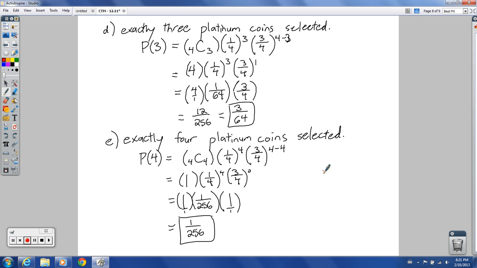So off to the side, in a different color for this one, I want you to write a little note here. So a note about example 1.